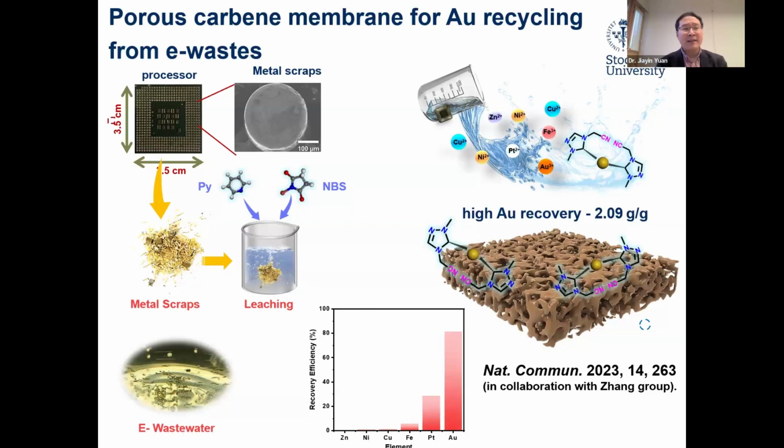Those metals are used in many electronic devices. Right? Everybody has a mobile phone, and most of you have either a computer or a laptop. So you can imagine worldwide how many mobile phones and laptops we have. These electronic devices are, let's say, used and discarded every few years, so a lot of metals are inside.